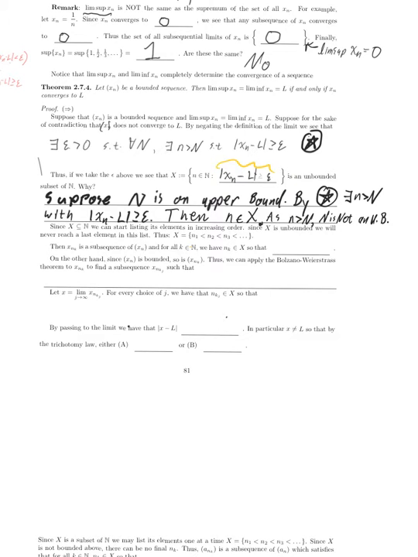So I can pick an element of the set, the smallest element, n1, then there's a second element, n2, a third element, n3. Since this set is not bounded above, I can keep going on forever. So I can list the terms as n1, n2, n3, and I can put them in increasing order because this is a subset of natural numbers. Oh wait, but that gives me a strictly increasing sequence, doesn't it?